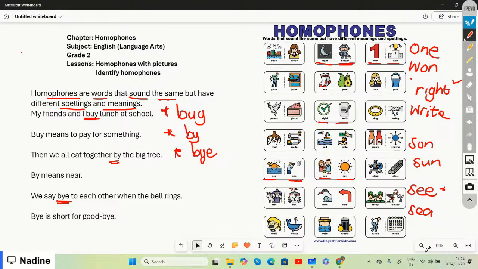All right. So another word for see, we said that the first word see is like where you watch something, you see something. And the second word sea is the ocean, the beautiful breeze of the sea.